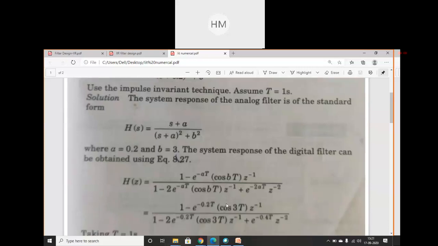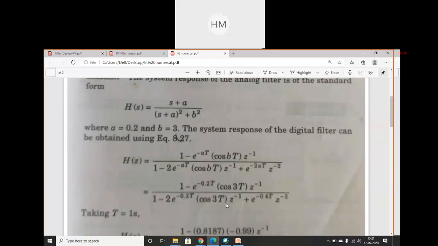Has everyone written the equation? Yes, students, is it over? Next, put the values of A and B in that equation. Then put the value of T and find out the final equation of H of Z. You can see the screen also.